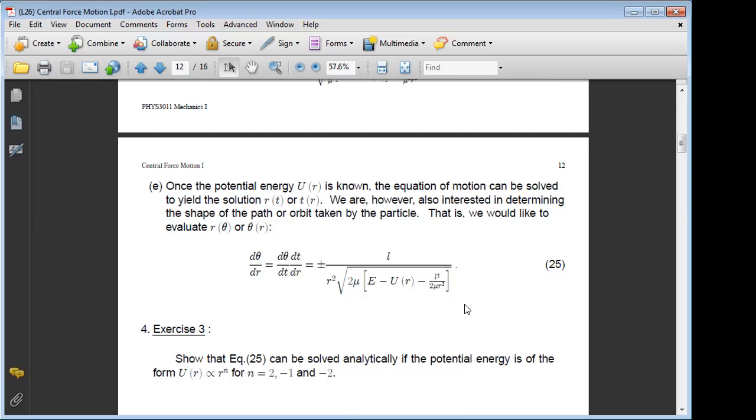Besides these 3 cases, no analytical solution can be obtained. Can you show it? Only for these 3 cases can equation 25 be solved analytically. Is it true?